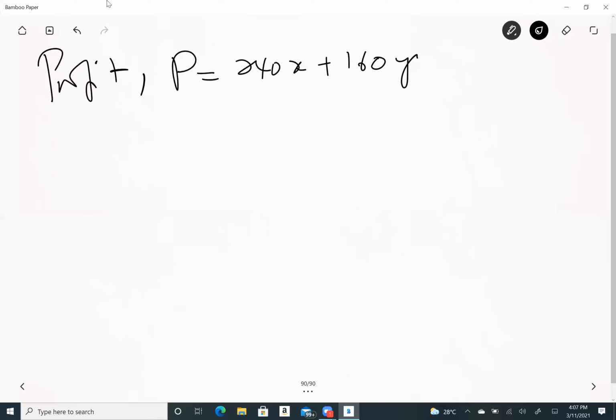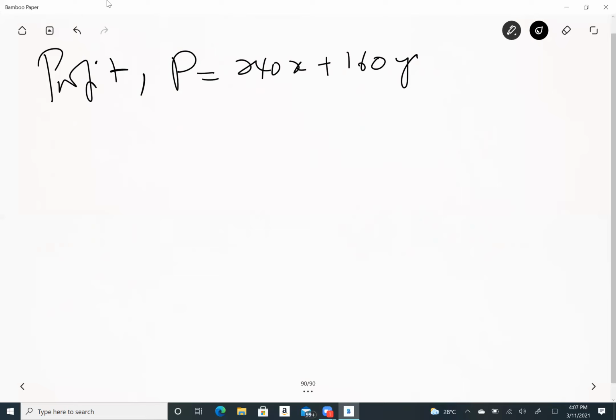Profit per acre for corn is 240, so that is A. And then profit per acre for soybean is 160. So that is B, because we assign y for soybean.